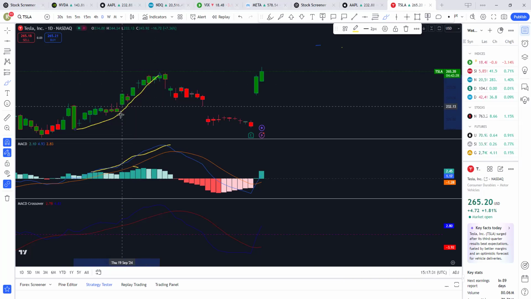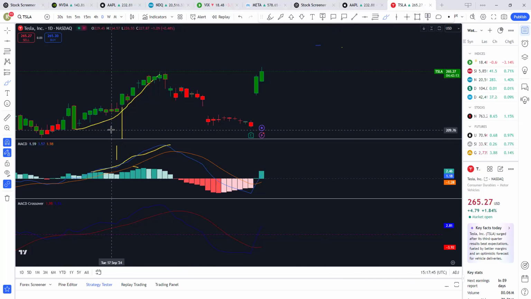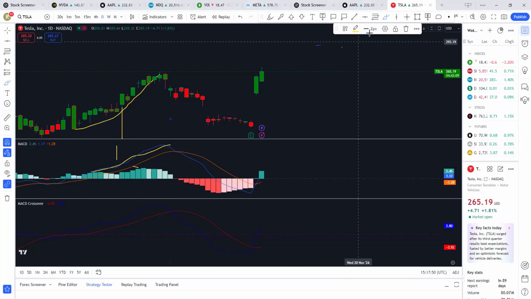If you match them together, you're going to see they line up very well. That means it's green. The stock is going up. Now, whenever the orange line, which is the signal line, is above the blue line, the stock is bearish.